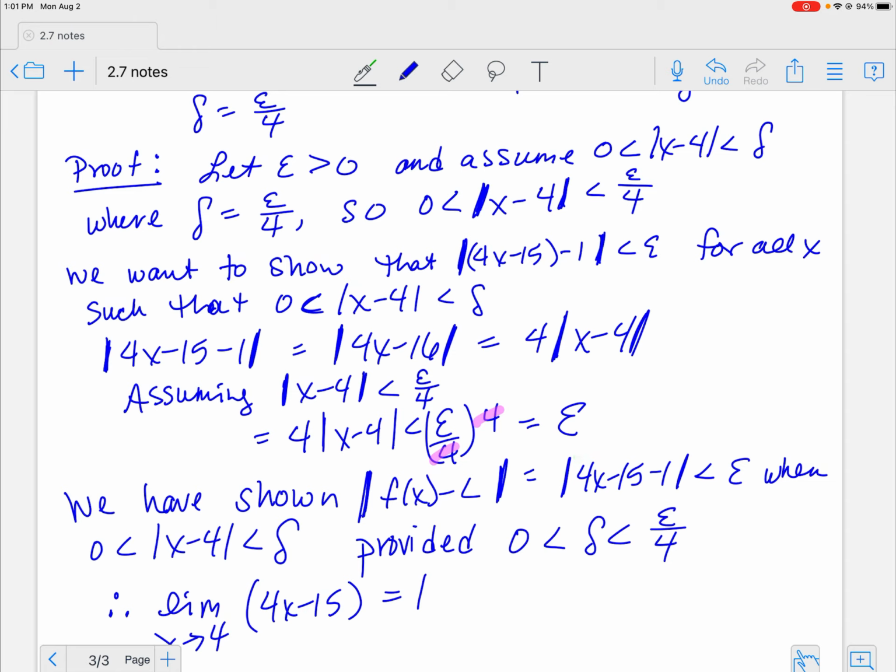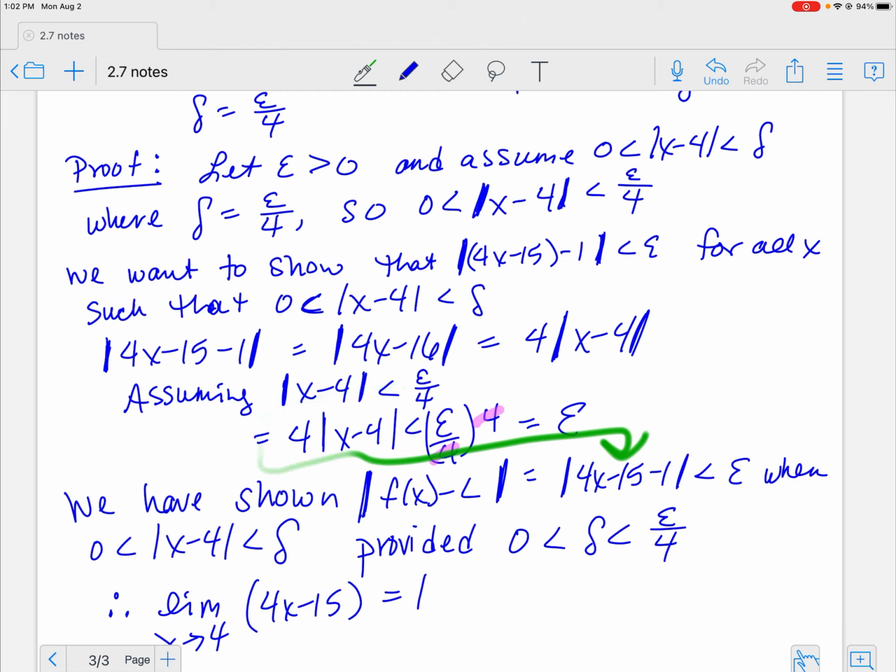That's how we're looking at this. So if both of those cancel here, and I know I have this set up and my epsilon and my delta are the same, when you multiply both sides by 4 here, then you have this as your epsilon, which means this relationship is equivalent to this one.